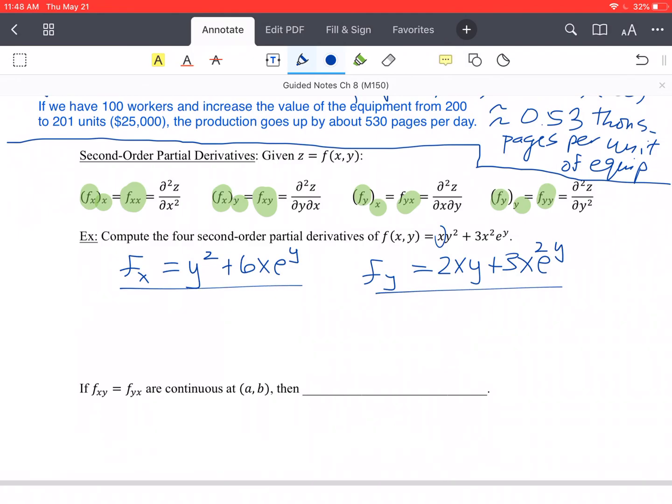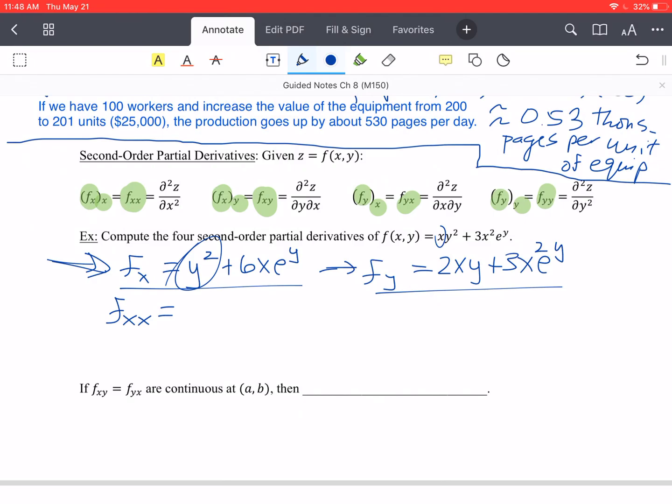So now, to take the second order partials, we just take partial derivatives of these. Okay, so that's all there really is to it, is just taking more derivatives of previous derivatives. So, let's get fxx. So derivative of this function with respect to x now, that has no x's in it, which means it's just all constant, so the derivative is 0.